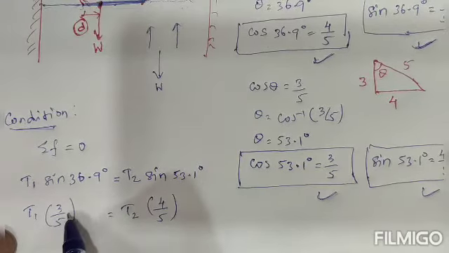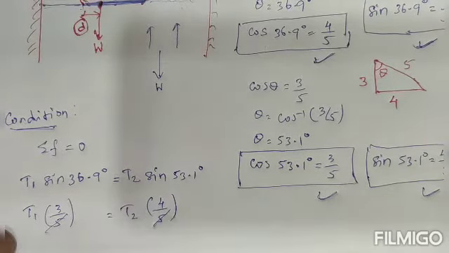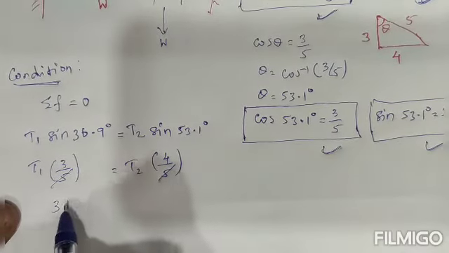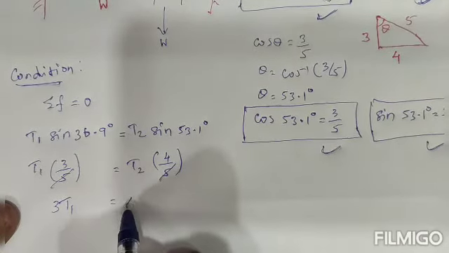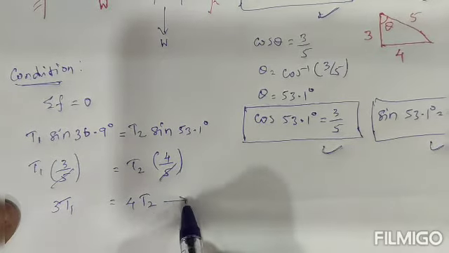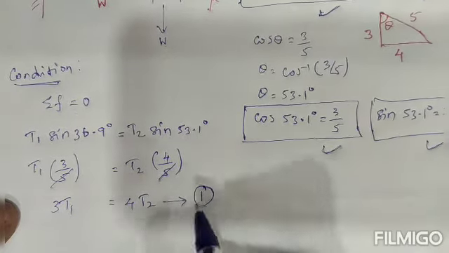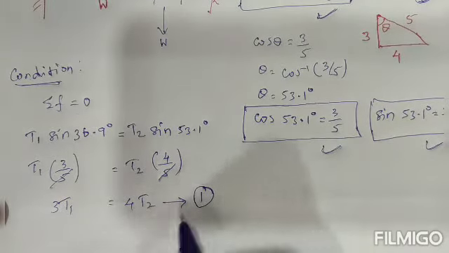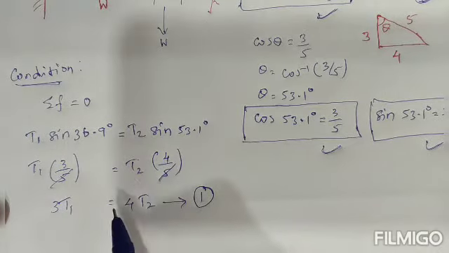If you observe, the 5 value will be cancelled. So the remaining left side is 3 T1, right side is 4 T2. Let us consider this as equation number 1. This equation is formed from the horizontal balanced force, like that the vertical balanced force.